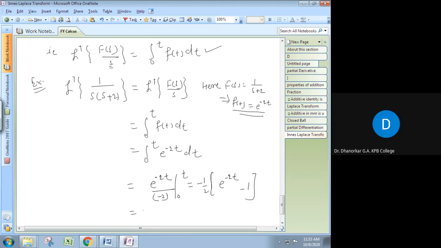And we are getting the answer as 1 by 2 into (1 minus e raised to power minus 2t). This is your inverse Laplace transform of this function 1 divided by s into s plus 2. Okay. Now, for this method, we should know this formula.